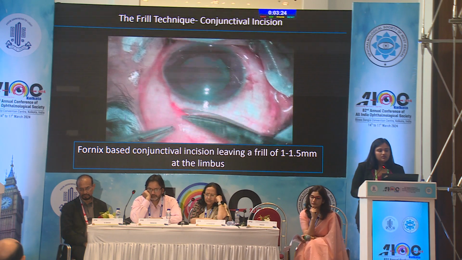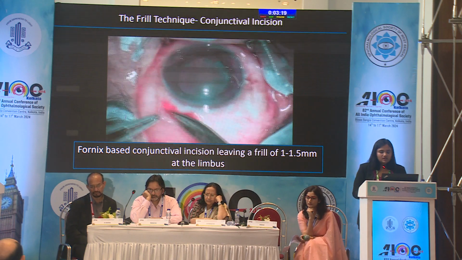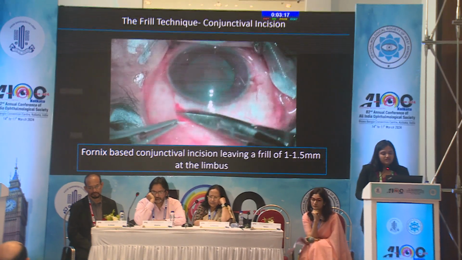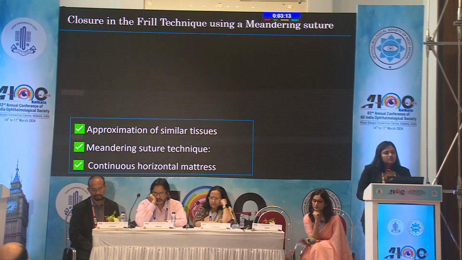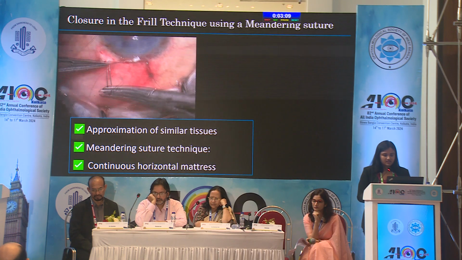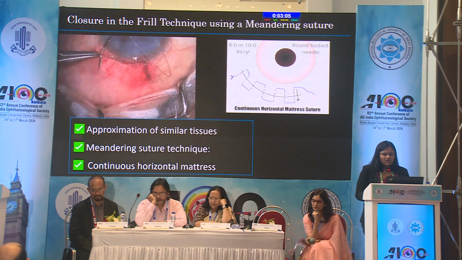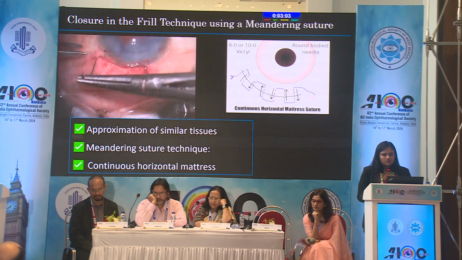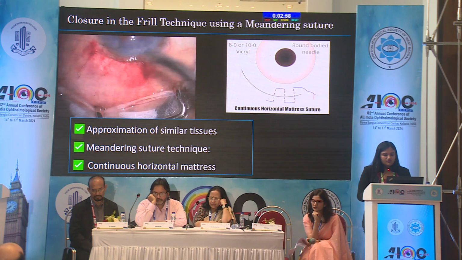We recommend the frill technique, where the conjunctival incision is made 1 to 1.5 millimeters away from the limbus, leaving a frill of conjunctiva at the limbus. We recommend closure using a meandering suture technique with approximation of similar tissues. So here we use a continuous horizontal mattress suture as shown here with a round body needle for closure.